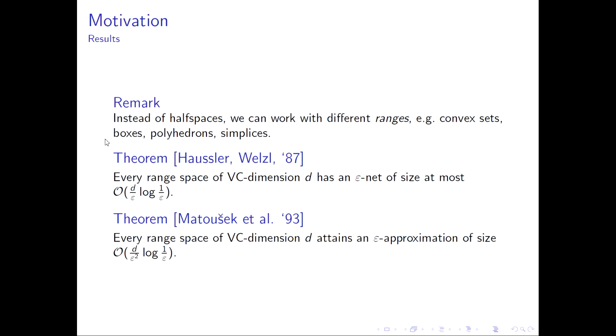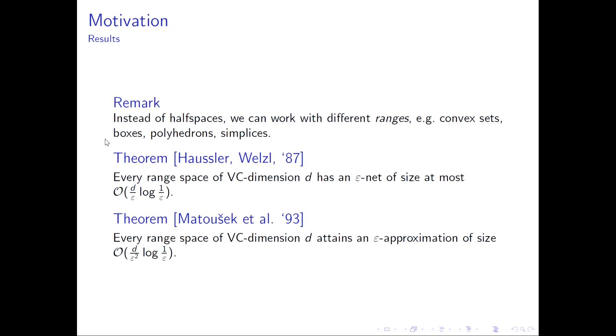And we also know that every range space of bounded VC dimension attains an epsilon approximation of a similar size. The most important part about these bounds is that they are independent of n, meaning it does not depend how large the point set really is.